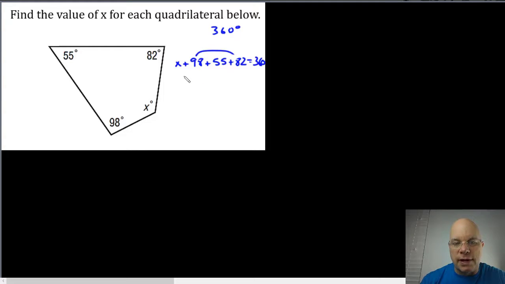These two go together nicely because the ones place adds up to 10. So I have 170 and 10 more is 180, and 180 and 55 would be 235. Then you can subtract 235 from both sides.